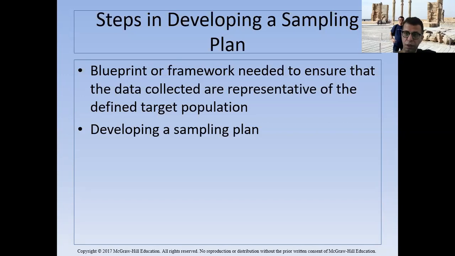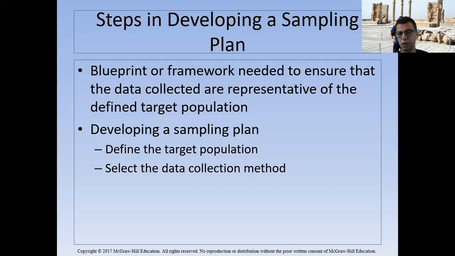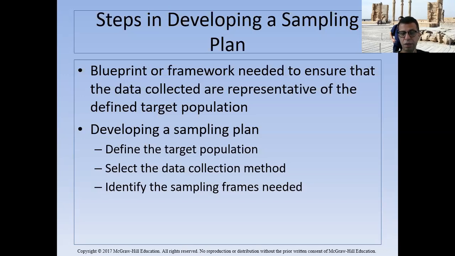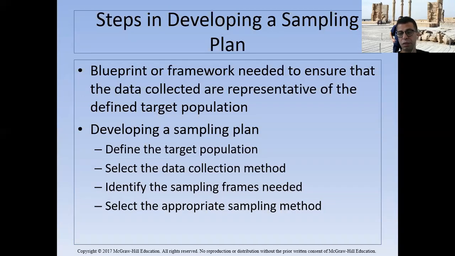So if we're targeting Indians, we make sure according to that, then we develop the sampling plan: will it be a survey to write, an email to send, or a call to make, in what languages, the target population, select the data collection method, how we're going to collect, identify the sampling frame needed, select the appropriate sampling method. And we said how many people you're going to select out of that.